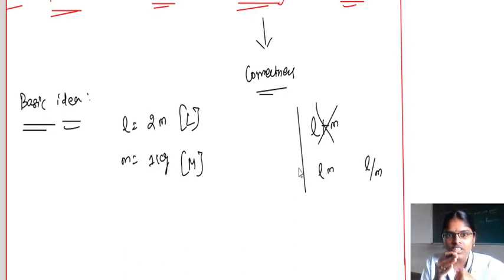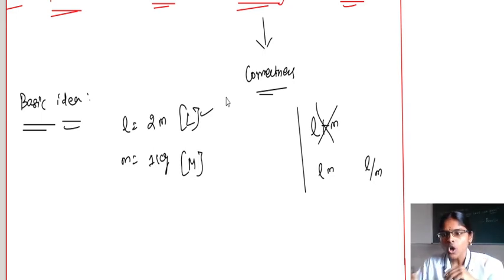Physical quantities having the same dimensions only can be added or subtracted. Length can be added with length, mass with mass, force with force. We cannot add force with velocity. We cannot add velocity with any other physical quantity like length or distance.